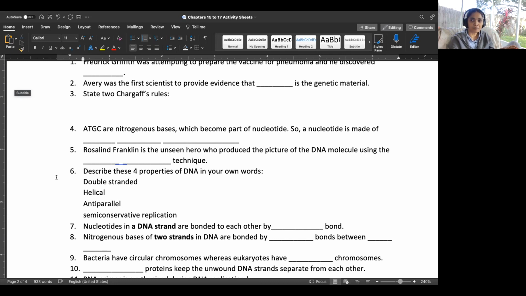Continue, Brittany. Okay, so I put double-stranded as 2 ropes, and then helical as spiraled, like a screw thread or coiled. And then I put anti-parallel as side by side running in opposite directions. It's exactly like traffic on either side of the yellow line.